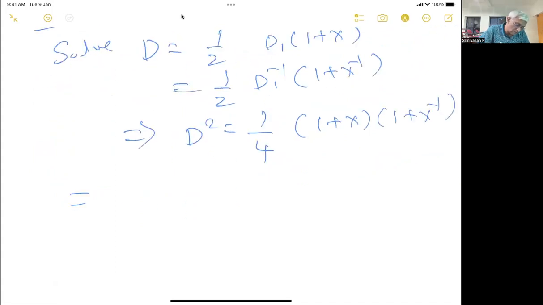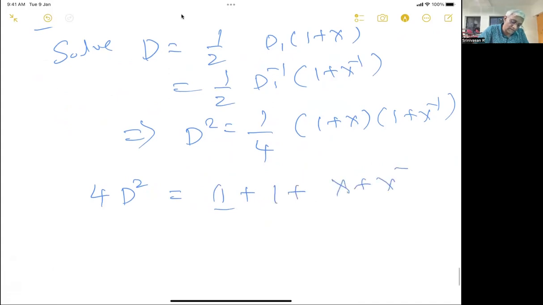So put the 4D square here. I get a quadratic equation in a diagonal matrix, but that doesn't matter, it's the same as a quadratic equation in a single variable. 4D square equal to 1 plus x into 1 plus x inverse.